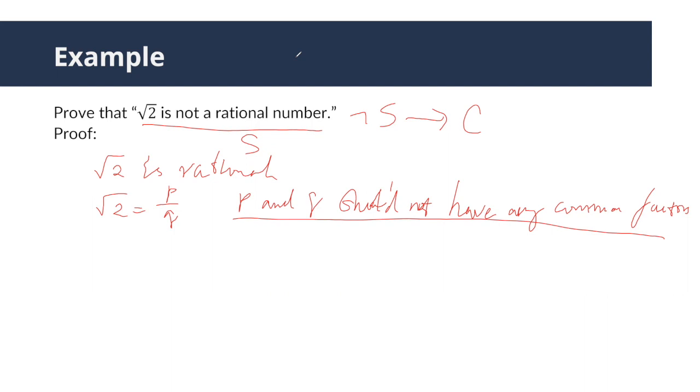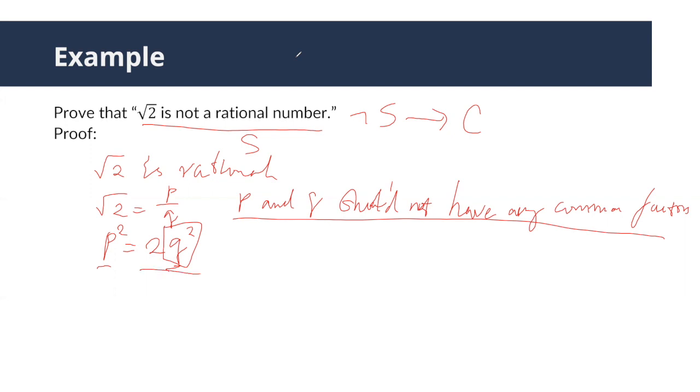And then we can take the square on both sides of the equation. We'll have P squared equals 2 times Q squared. Because Q is an integer, Q squared is an integer. Then you can see P squared is basically equal to 2 times an integer.